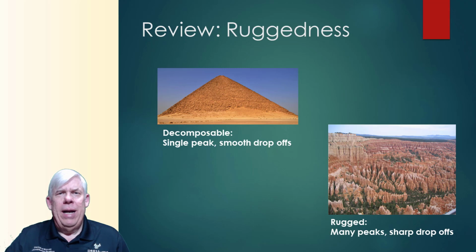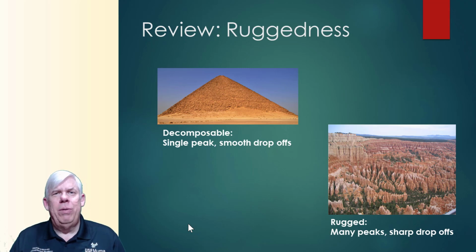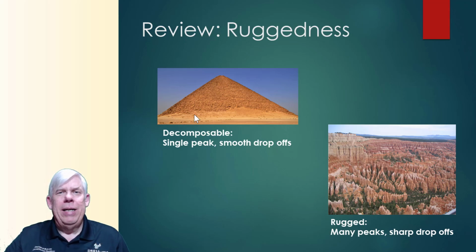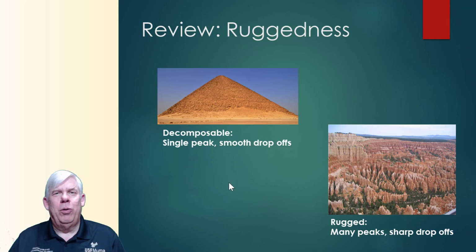The final bit of theory coming from the first lecture is this notion of ruggedness versus decomposability, all falling under the heading of extrinsic complexity. And just to review, when we're talking about decomposable systems, then the attributes of the system contribute to fitness in a predictable and generalizable way. You tend to get one peak, just as if you've got a multiple choice test, the peak is getting every question right.